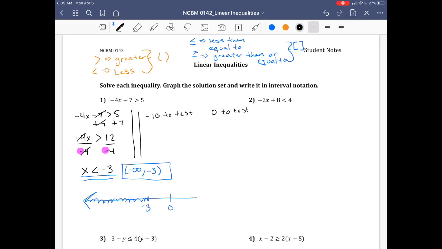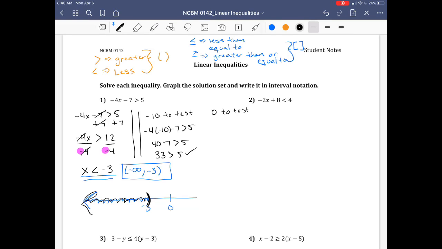So we have negative 4 times negative 10 minus 7 is greater than 5. That gives 40 minus 7 is greater than 5. 40 minus 7 gives 33, which is greater than 5. So this is the way we're supposed to shade it.